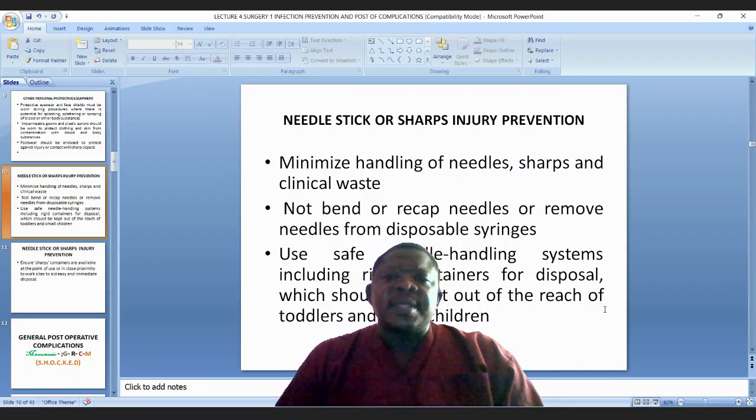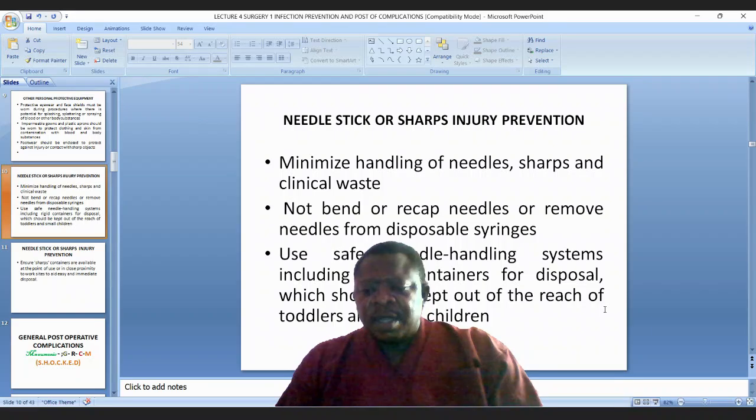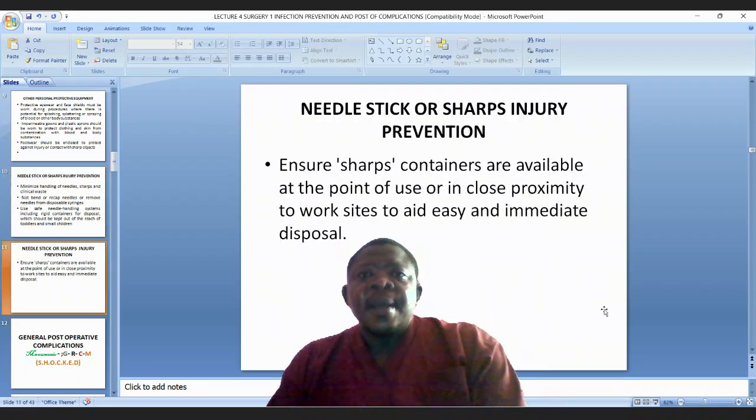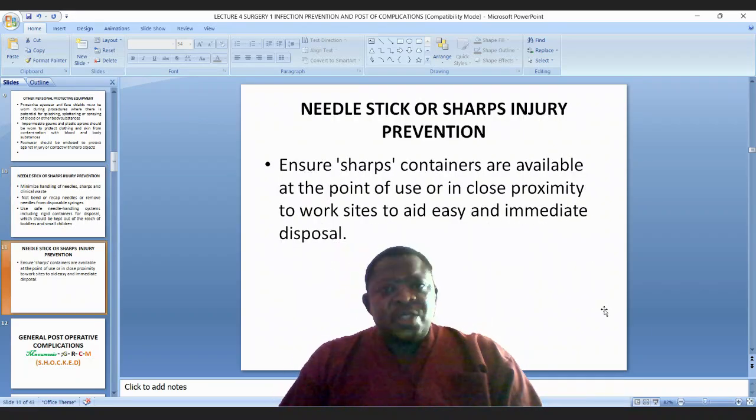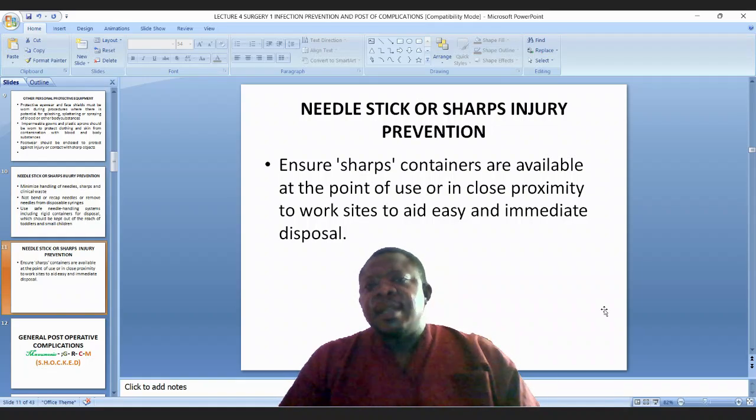You can use a safe needle handling system, including rigid containers for disposal, which should be kept out of reach of toddlers. Also ensure sharps containers are available at point of use or in close proximity to the work site for easy, immediate disposal.